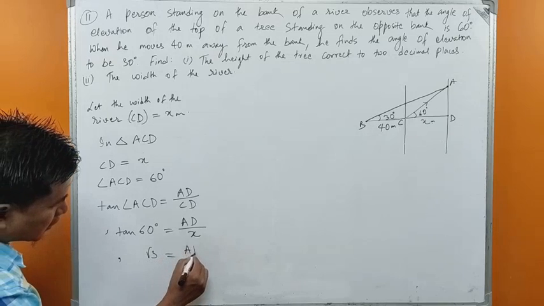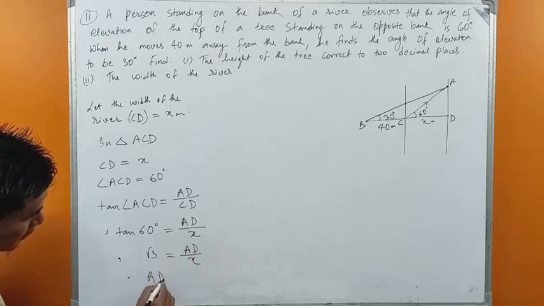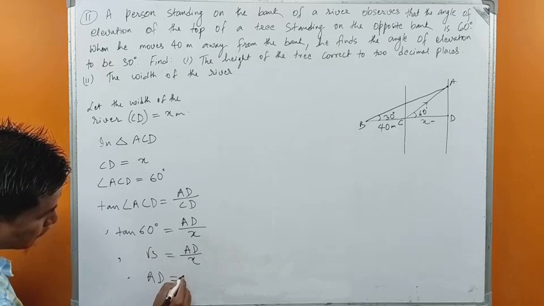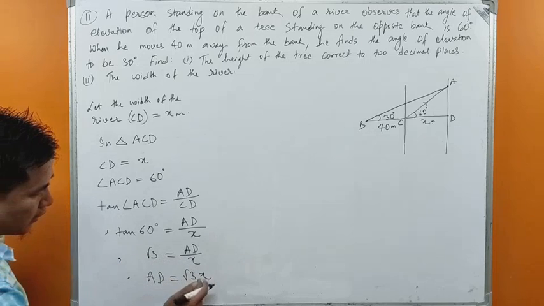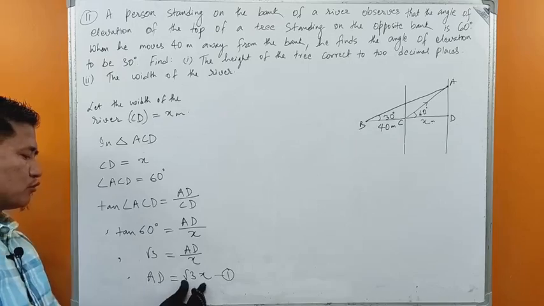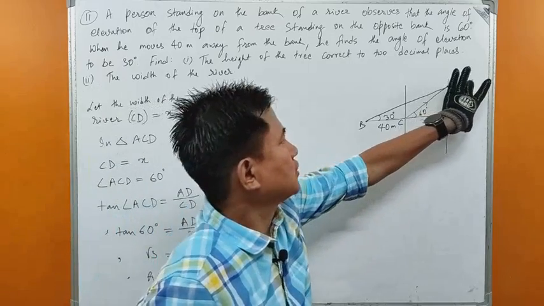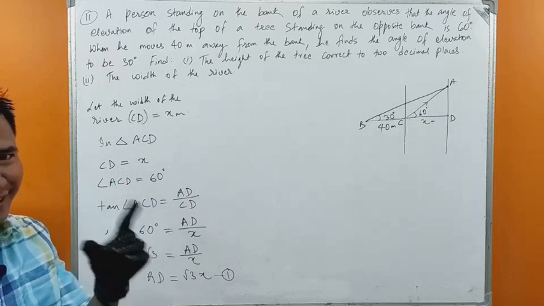So AD upon x equals root 3, or AD equals root 3x. This is equation 1. We found the height of the coconut tree is root 3x. If we know the value of x, the height of the coconut tree can be found, isn't it?